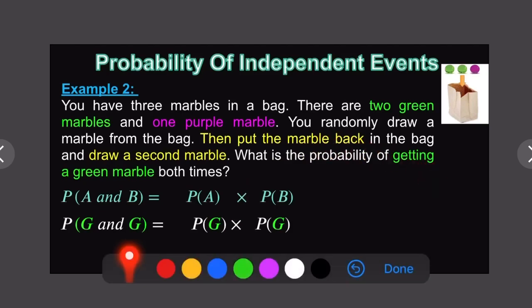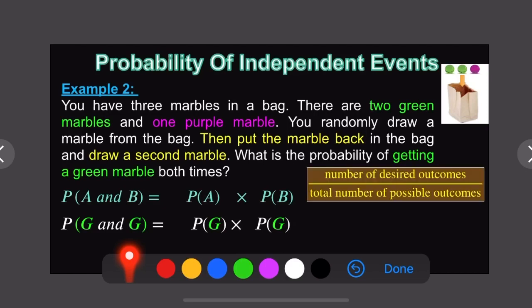So let's calculate the probability of single event. Since the same thing happens for the second event also, we are going to find it once. So the number of desired outcomes divided by the total number of possible outcomes, the same formula we use for single event, okay?